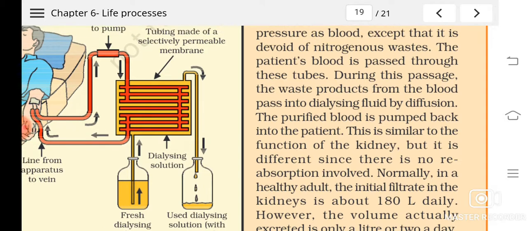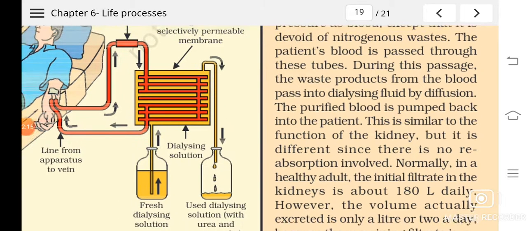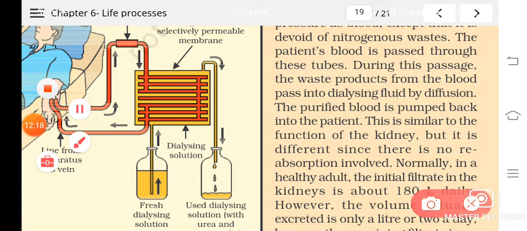Then from the patient's body, the blood will be taken and passed through these tubules. During this process, what happens? As the blood passes through these tubules, the waste materials will be absorbed by the fluid present in the tank.